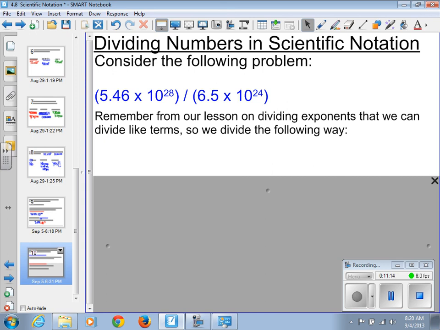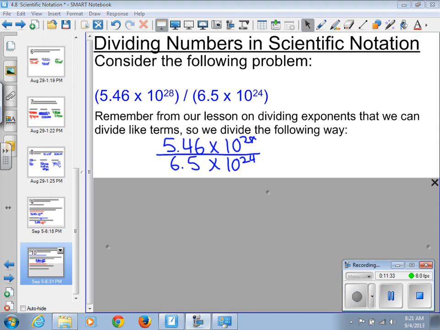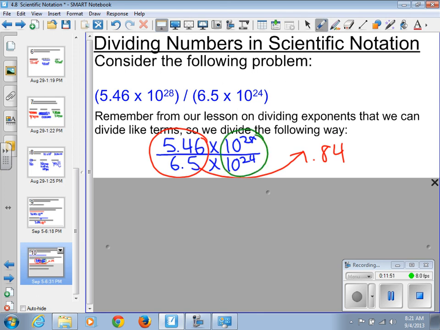So I'm going to go ahead and rewrite the problem so it looks like a vertical fraction, which we are used to. 5 and 46 hundredths divided by 6 and 5 tenths becomes 84 hundredths. And then 10 to the 28th power divided by 10 to the 24th power becomes 10 to the 4th power.